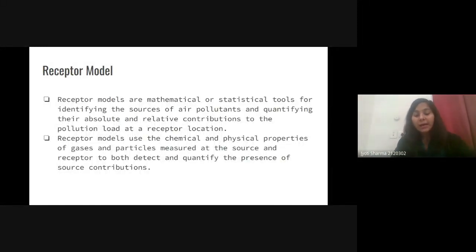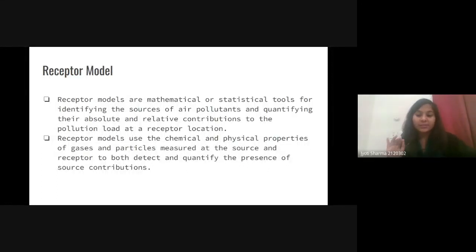So these are the mathematical and statistical tools for identifying the source of the air pollutant and quantifying their absolute and relative contribution to the pollution load at the receptor location. Then it uses the chemical and physical properties of the gases and particles measured at the source and the receptor to both direct and quantify the source contributions.